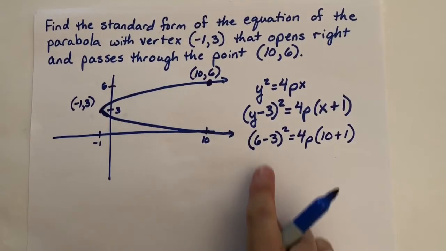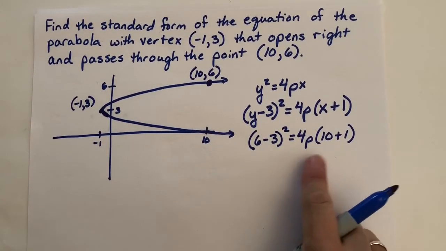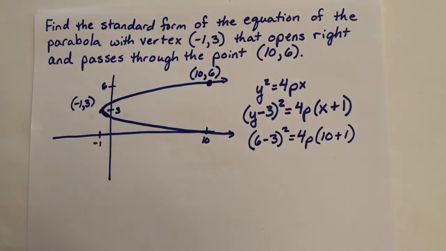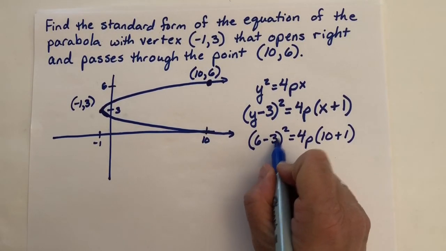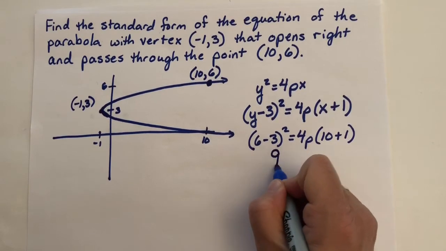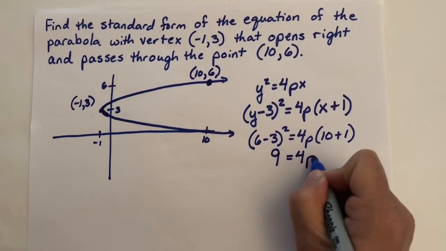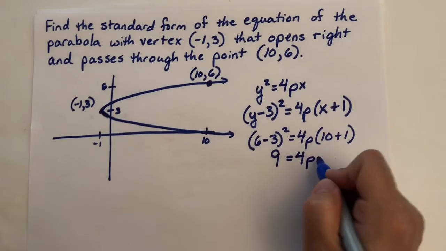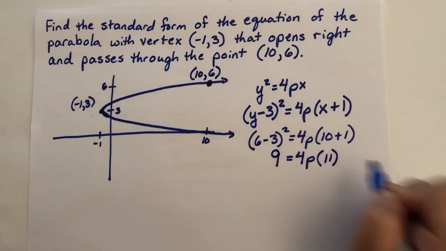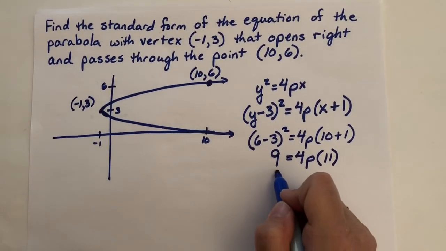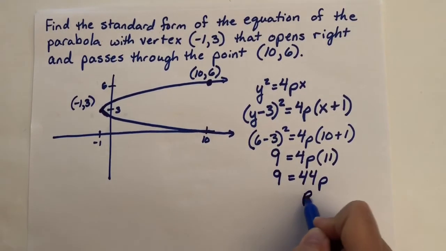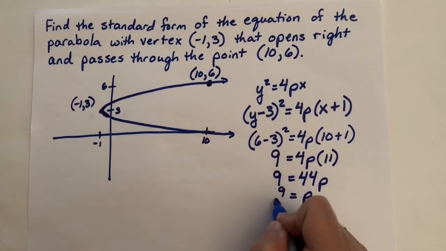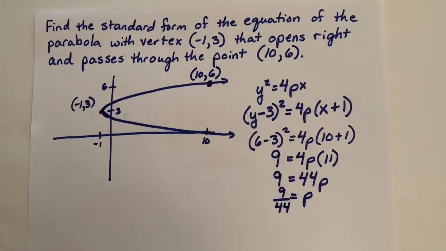And now notice we have an equation with the only unknown p. So we have 6 minus 3, which is 3 squared. That makes 9. And we have 10 plus 1, that's 11. So this equation becomes 9 equals 44p, or p equals 9 over 44 for this problem.